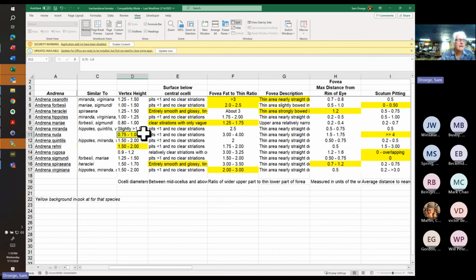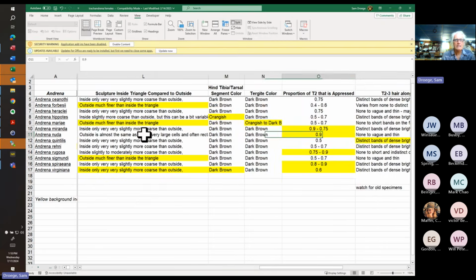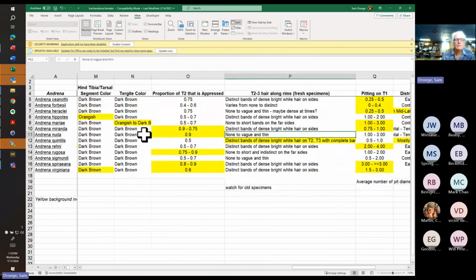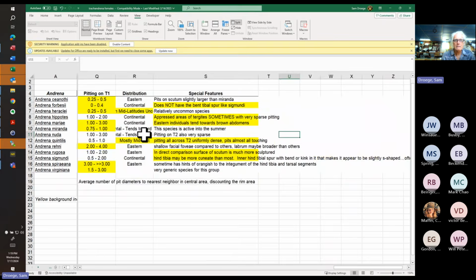This has a vertex height, so that's the distance between the back of the head and the lateral ocelli, and it is much closer to the back of the head than a lot of the others. So we'll look for that. And is there anything else? Well, we have a T2 pressed area that's quite wide. And that's about it. So let's take a look now on our screen.